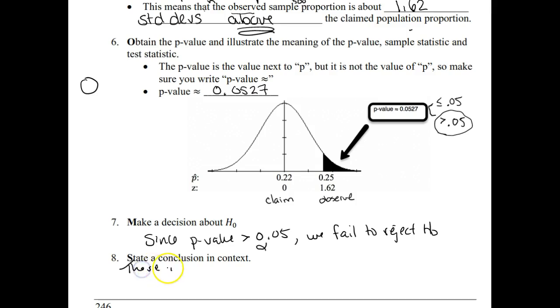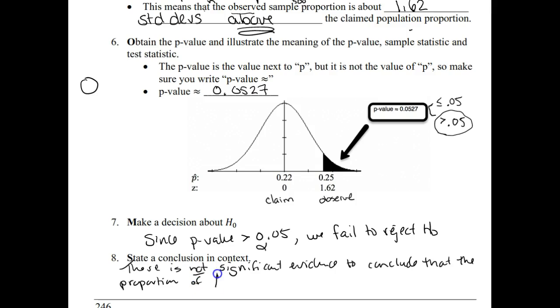Which means that there is not significant evidence to conclude HA, so that the proportion or percentage of all new mothers in Tajikistan who breastfeed is more than 22%.